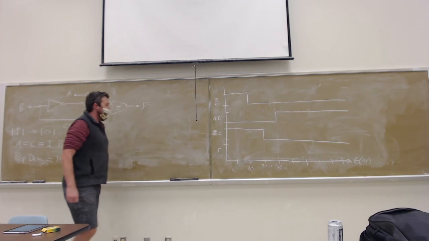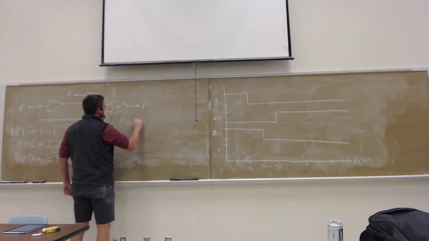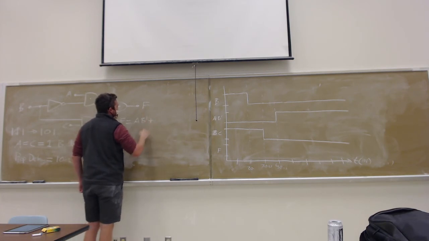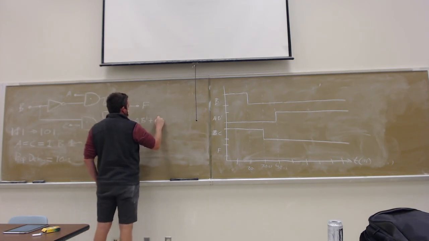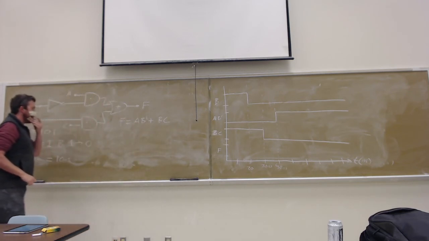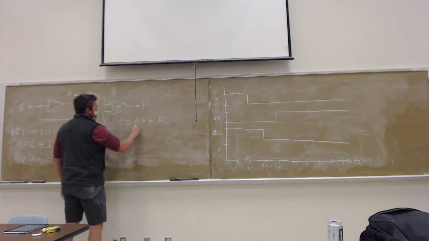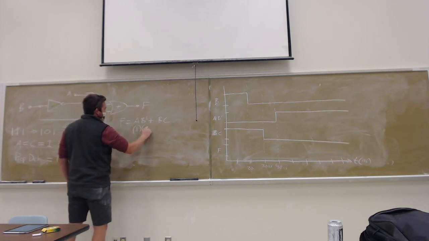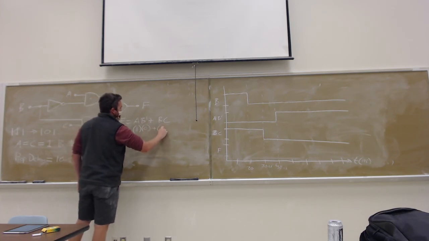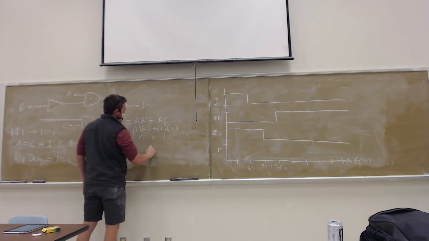Now let's look at F. So F is equal to what? A, B prime, or BC, right? Which means that if A is 1, we started with B is 1, that means B prime is 0, or 1 and 1, which means that we get 0, 1, or 1, right?